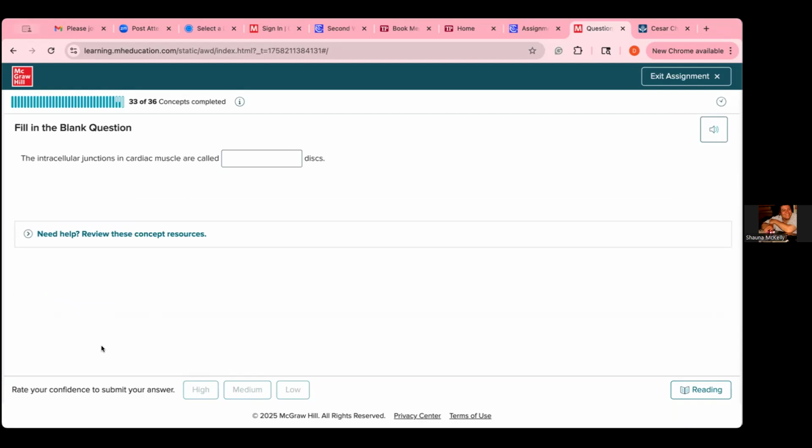The intracellular junctions in cardiac muscle are called, okay, yeah, that's a hard word to spell. I think I have it here. Give me a minute. I think that's the name of it. Let me see if that's the right one.